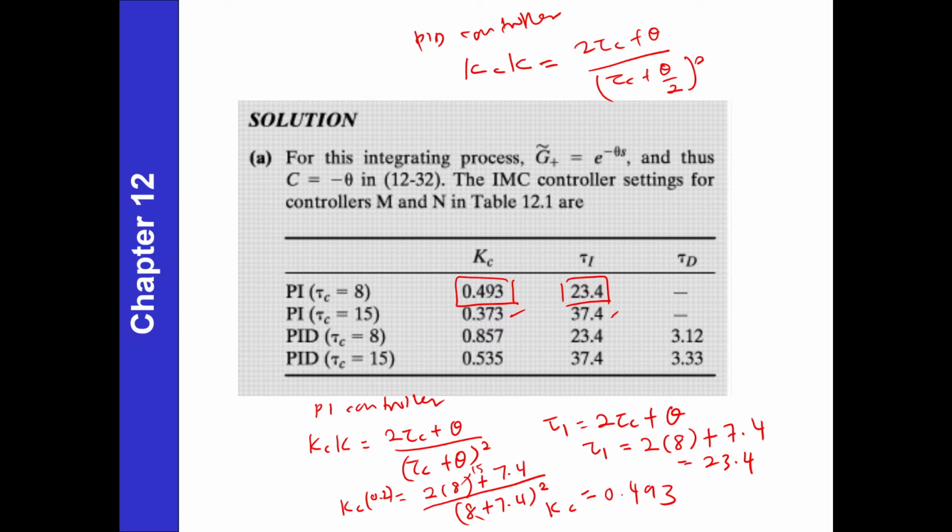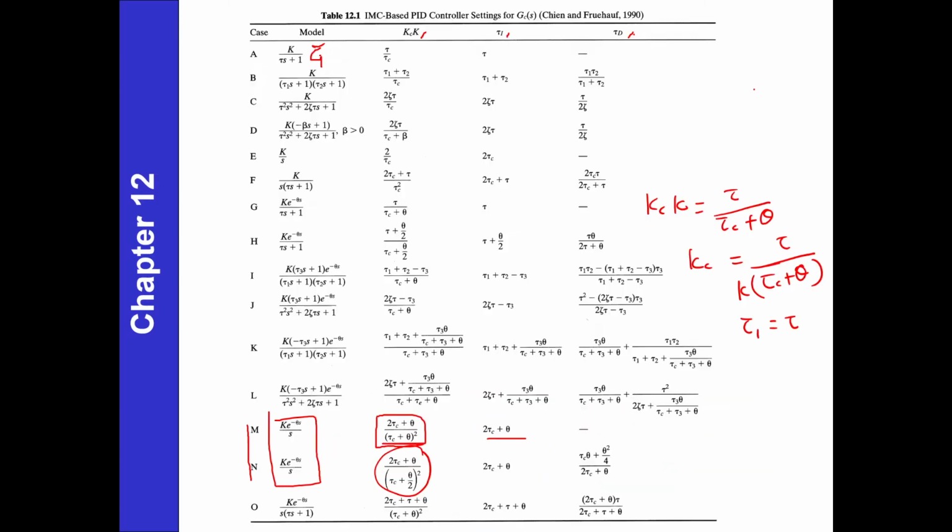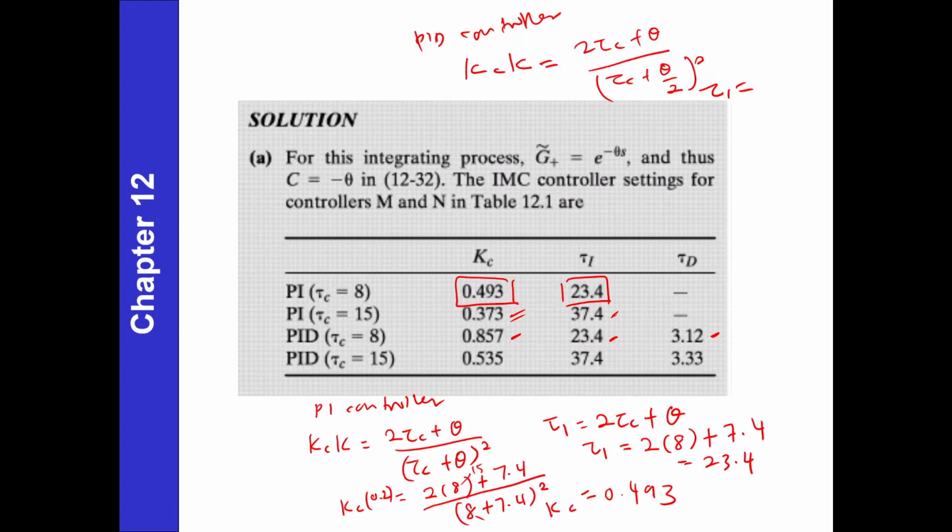Try to substitute. Did you get this value or not? For tau I it is the same, 2 tau C plus theta, that's why you get the same value.